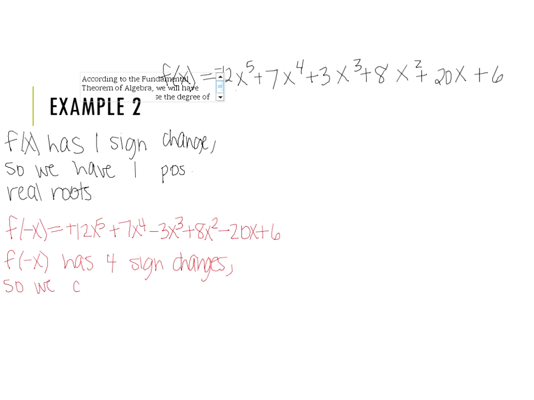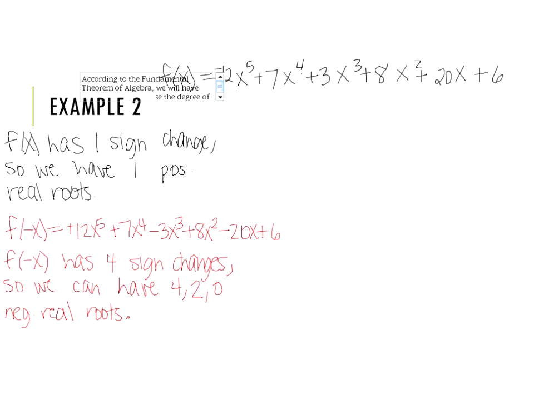So we can have, what do you think? If there's 4 sign changes, how many negative real roots can we have? Yep, perfect. We could have 4, subtract 2, we get 2, subtract 2 again, we get 0.